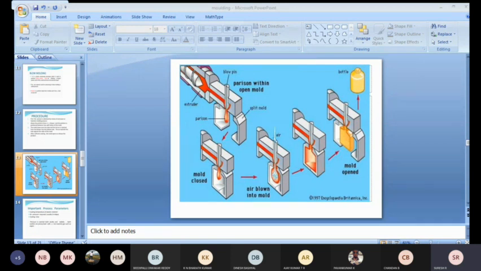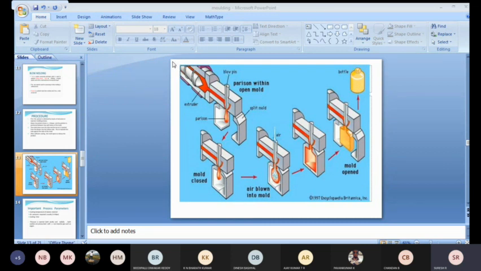We're going to explain it once again. First, check out the parts of the blow molding process, and it will be easier for you to follow. First, the parison is obtained by means of extrusion, or from some other process.